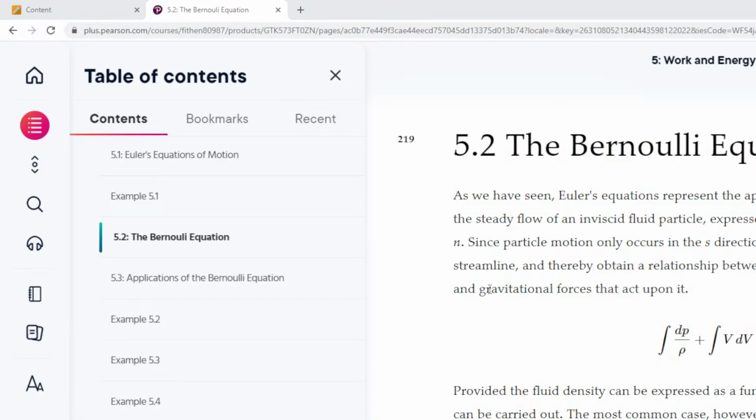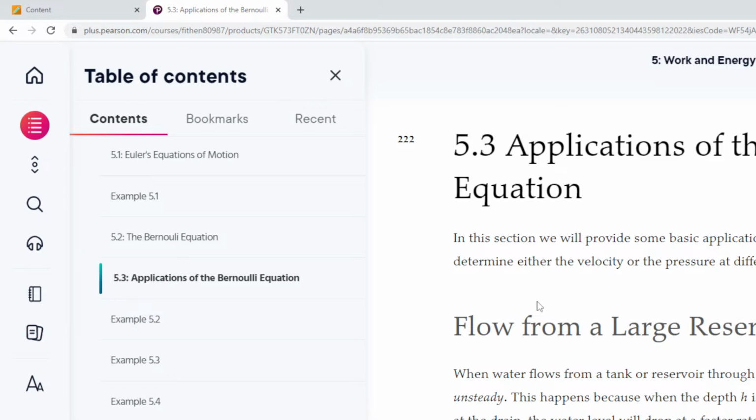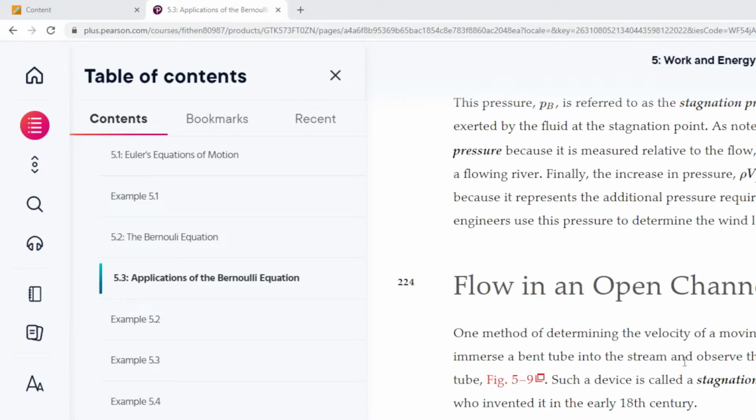So that sort of breaks down to that, which is super important. And there are things we talk about there that let us solve all sorts of stuff. Then he goes to applications of Bernoulli's equation, which are probably things we've seen before, like airplanes and flow from a reservoir.